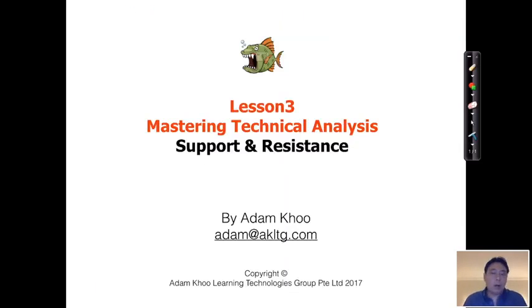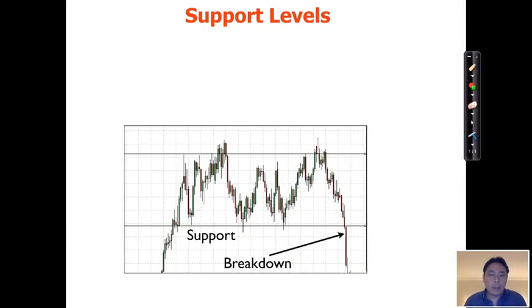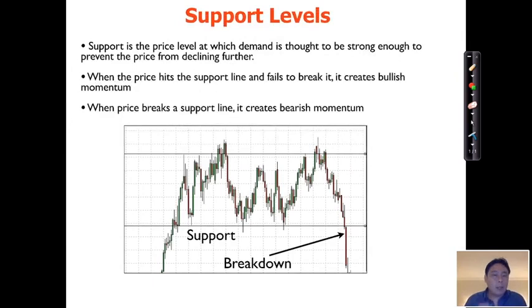So let's take a closer look at support and resistance to understand the concept at a closer level. Once again, what is support? Support is a price level at which demand is thought to be strong enough to prevent the price from declining further. In this case, you can see a level of support here that prevents the price from declining further at a particular point in time.